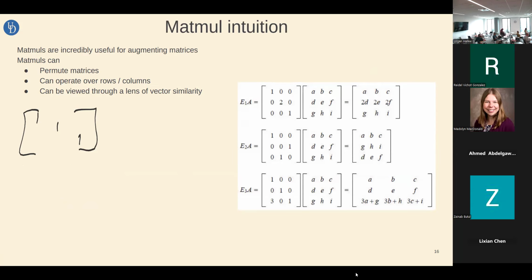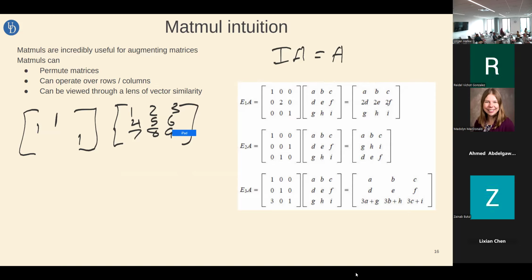So if we have IA, it's going to give A. But if we switched around the elements in I, for instance, we put a 1 here and a 1 here, so we just switched the 2 rows, I want to point out that this is something pretty unique to some matrix here. Does anyone have a guess?